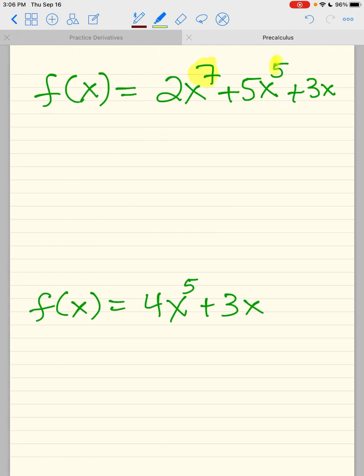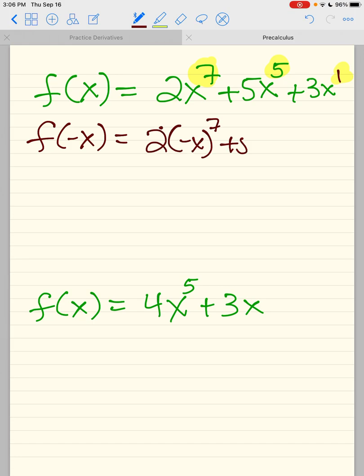This I know will be odd because all my exponents are odd. So I'm going to just plug in negative x again. Okay, and let's see. Negative to an odd power stays negative. So this is like negative x to the 7th.